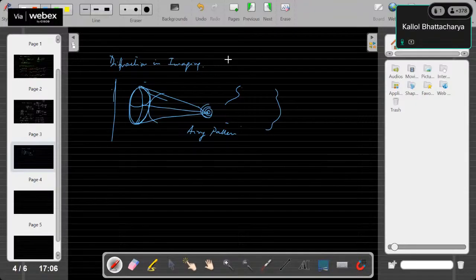The diffraction limited system is the best optical system that you can have. It has no aberrations. The only limitation is diffraction, which you cannot avoid. And a diffraction limited system is what all lens or optics designers attempt.